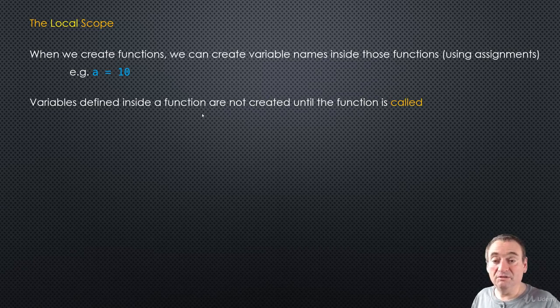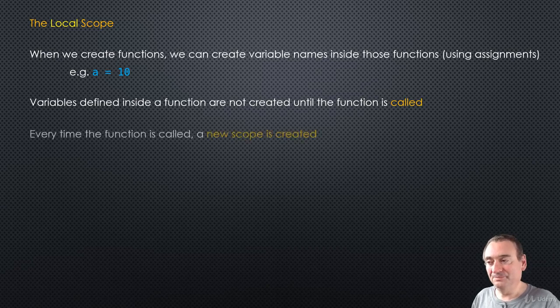It says, okay, you've created a function, fine, I'm going to take that function name and put that into the module's scope, into the module namespace. But the contents of the function, what's inside the function, doesn't run. So there's nothing that's actually running. There's no code running. So there is no scope that's being created when the function is created. The scope will get created when the function is called, but not before that.